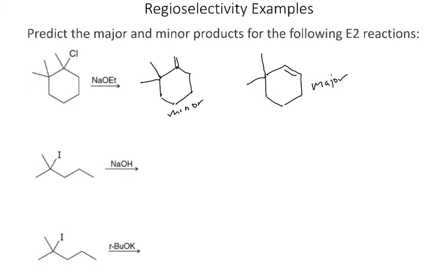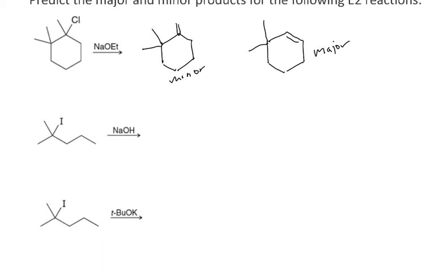All right, we have a second example. I'm looking for beta carbons that have hydrogen atoms, and so I have here and here, although these two methyl groups are equivalent, so they'll both produce the same product. And then I have the beta carbon here, so I could get a double bond here.